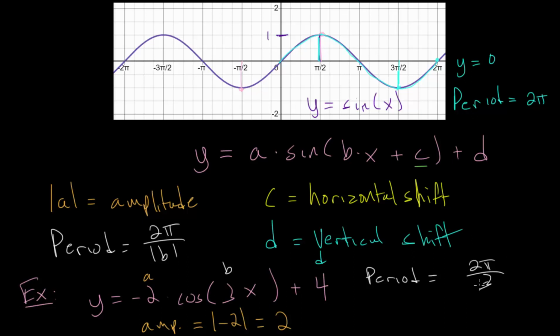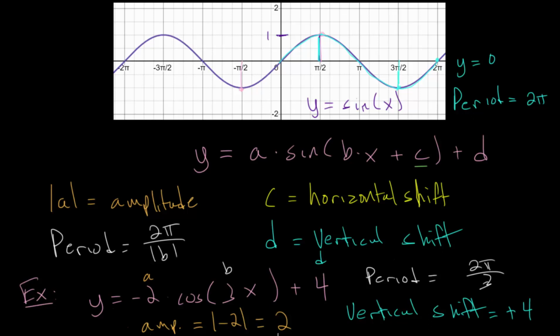Or another way to look at it is that it is 1/3 of the period of our parent function. And lastly, we don't have any horizontal shifts. We're not adding on the inside, but we do have a vertical shift. And our vertical shift is just 4 here. We're going up 4. So let's just say our vertical shift is positive 4.